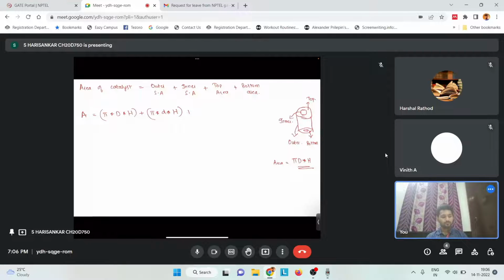So we can just write it as 2 into top area, which will be the area in the shape of a ring. So that will be pi into (D square minus small d square) by 4.